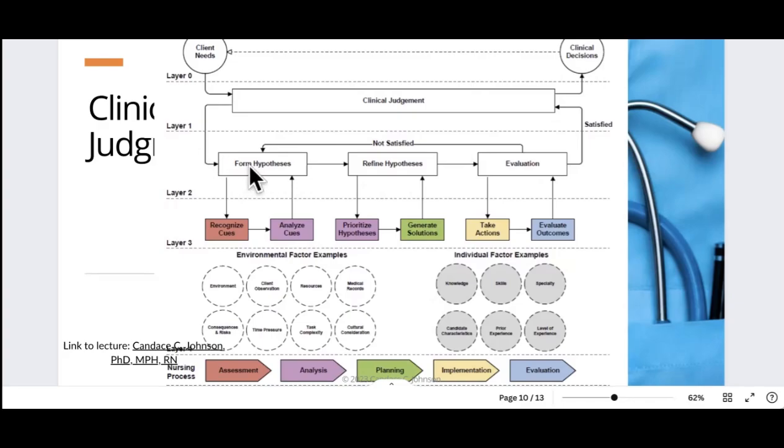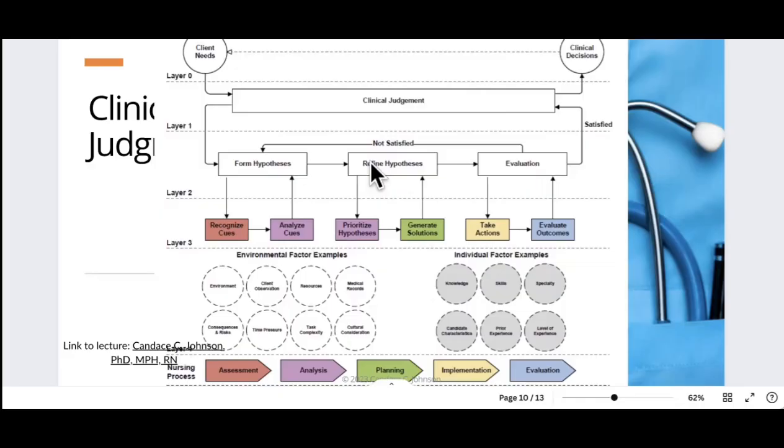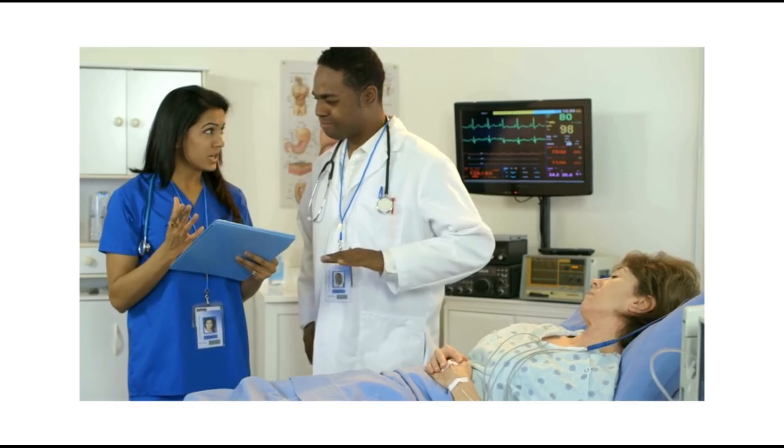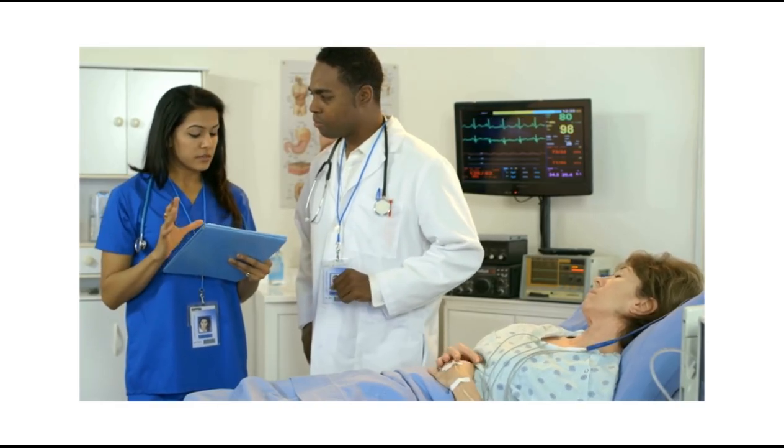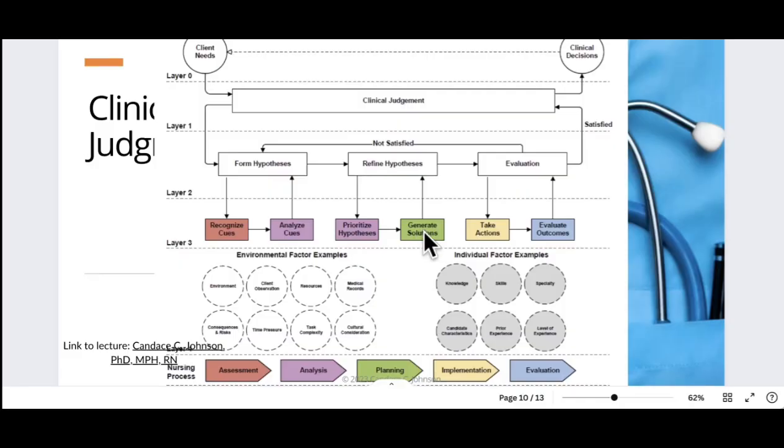You have to form a hypothesis, walk into the patient's room, recognize cues, analyze those cues, and then iteratively refine your thoughts about what's going on with this patient, set a priority, and then generate a solution.